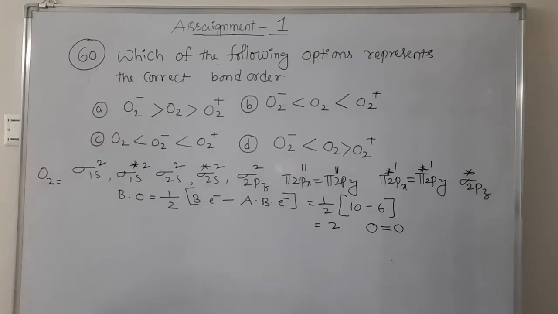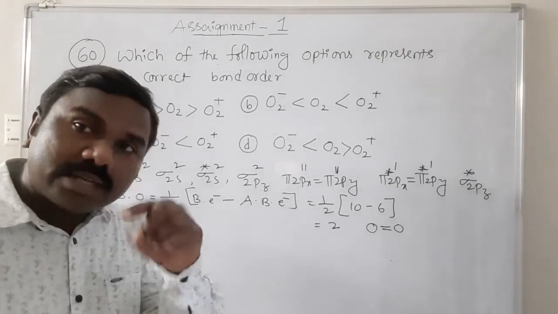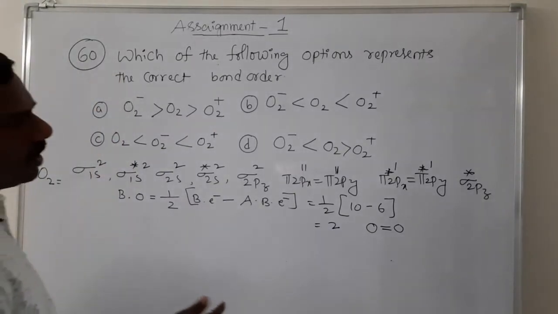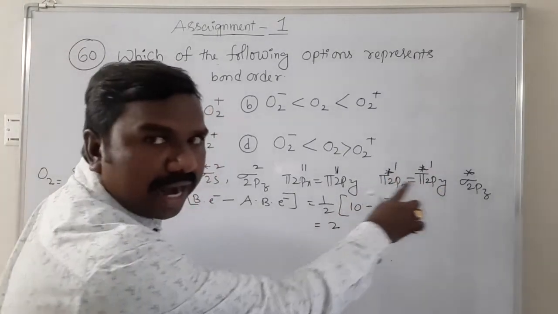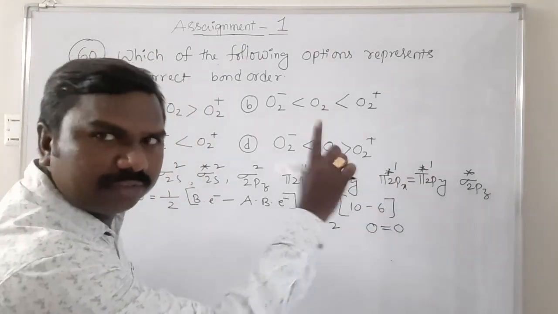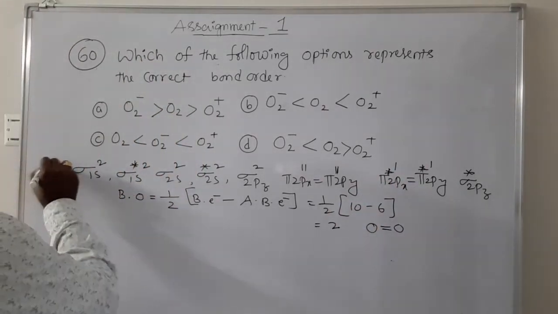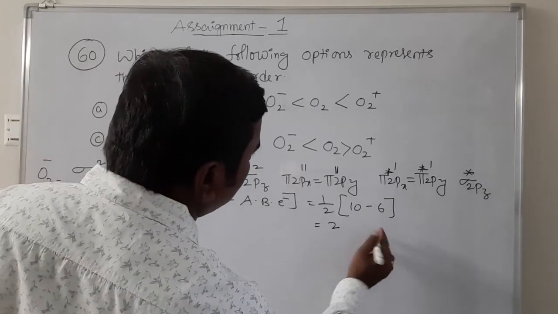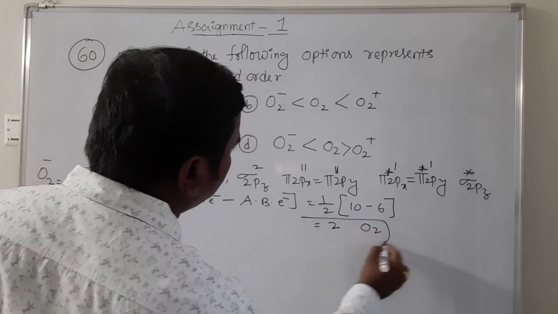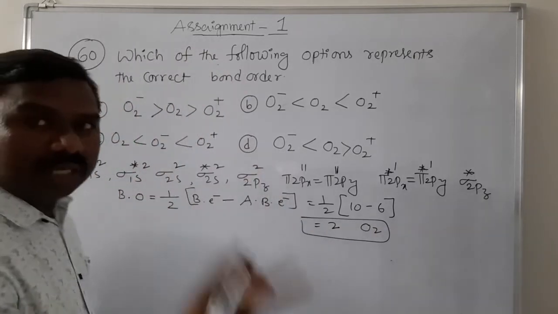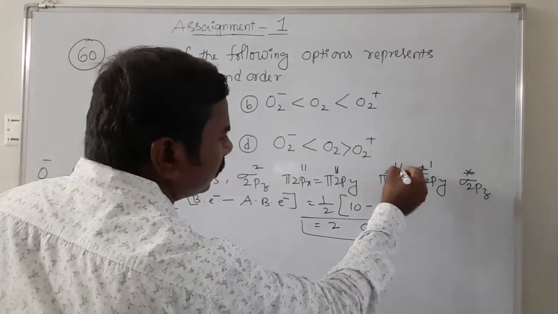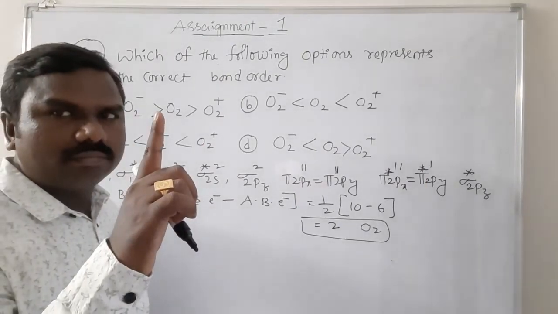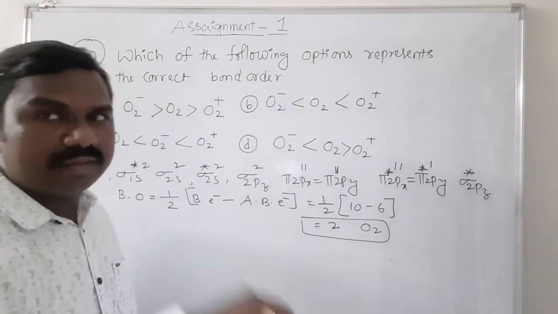Next, O2 minus 1 we will consider. Minus 1 means 1 extra electron than O2, correct? This extra electron is added here, because these are half filled first. For O2 minus, 1 extra electron should be added. O2 has 16, minus 1 means 17.